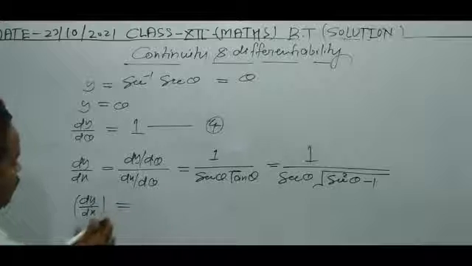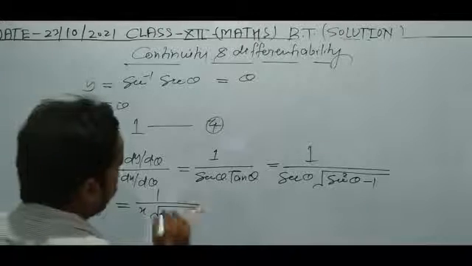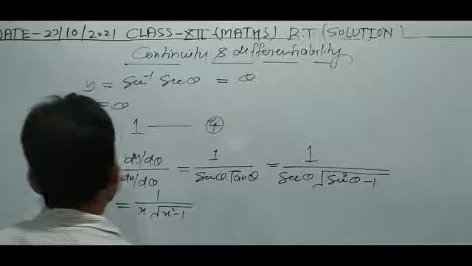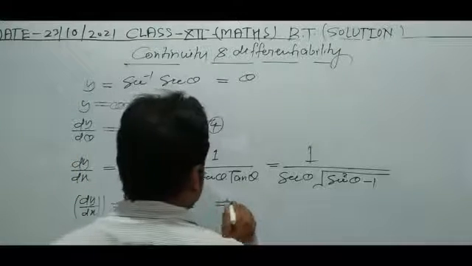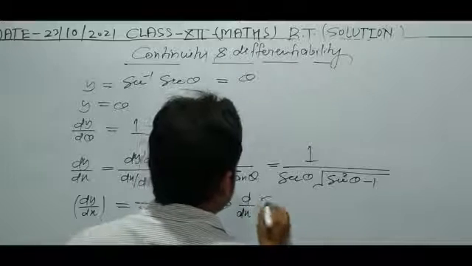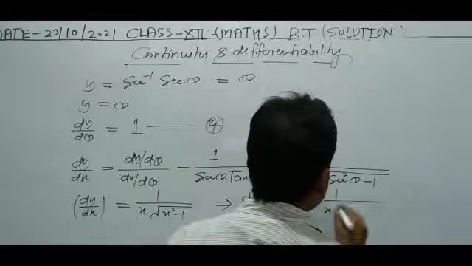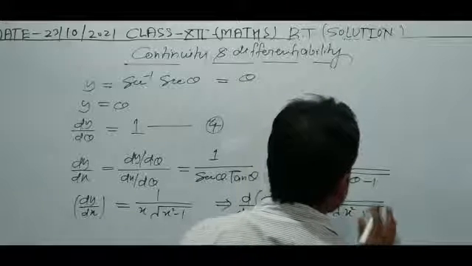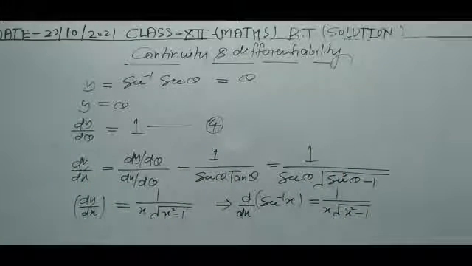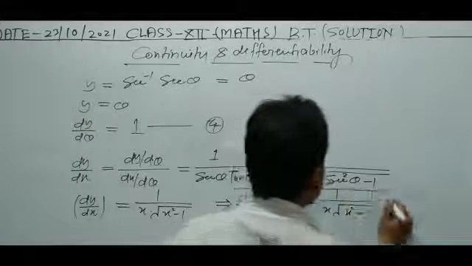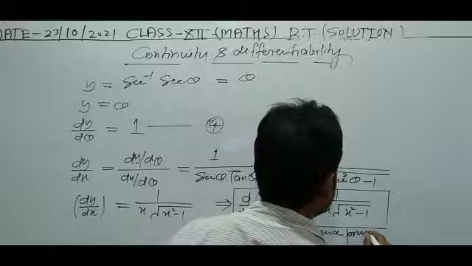Now dy by dx we can write, sec theta value is x, so x times root over x square minus 1, and this implies dy by dx of sec inverse x is equal to 1 upon x root over x square minus 1. Now this is our proof. Hence proved.